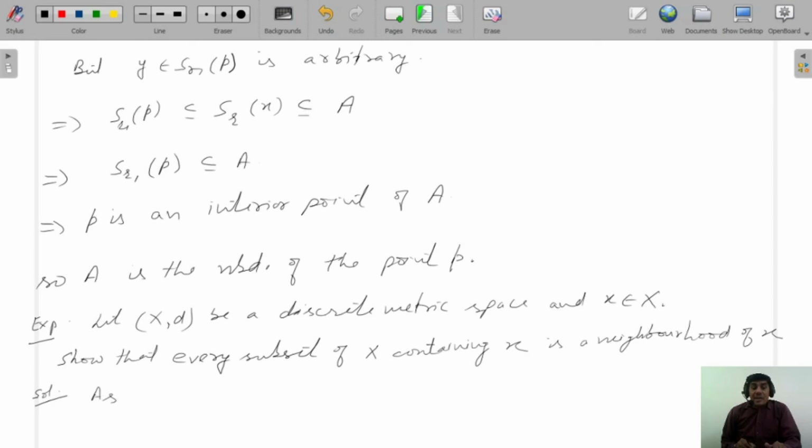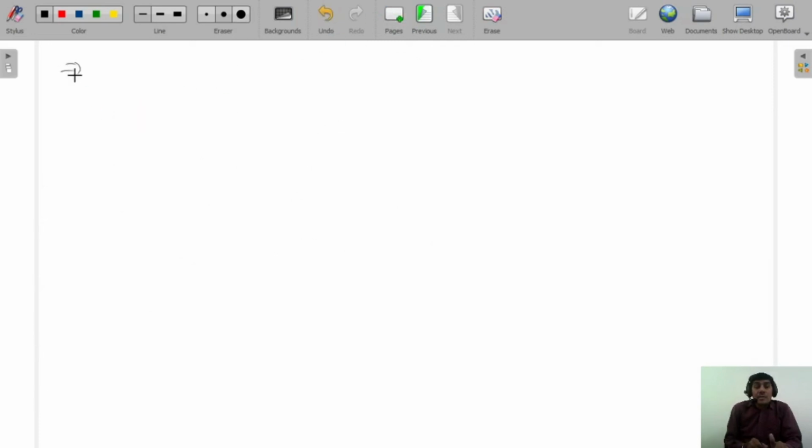As (X, d) is a discrete metric space, this implies d(x,y) is equal to 0 if x is equal to y, and 1 if x does not equal y.